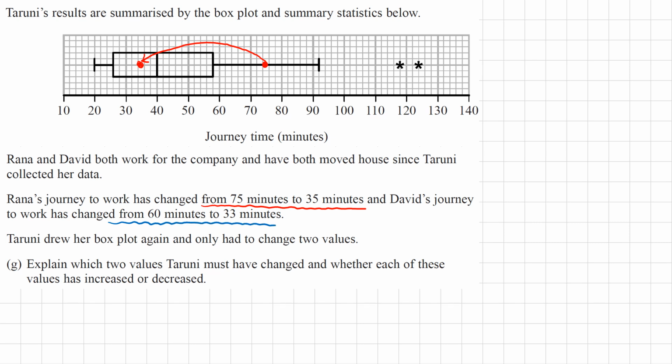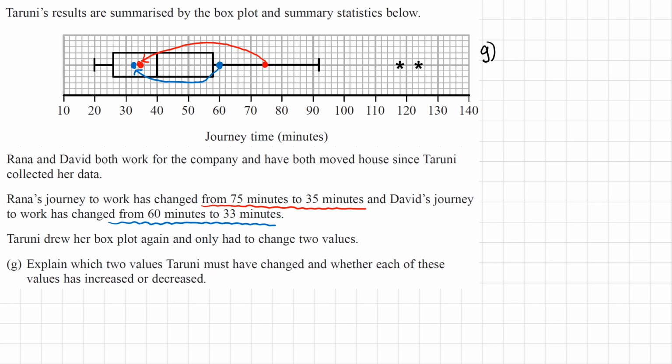So we'll mark 60 minutes and then we'll mark 33 minutes, so that's going to be sort of here. So we've got this other value that's moved down in this position, so we've got 2 values that have now moved to below the median.